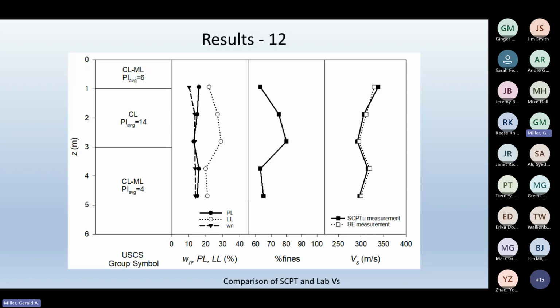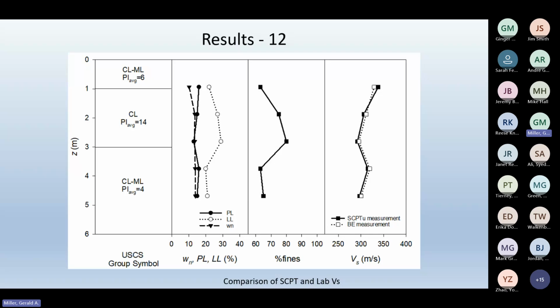But these soils are the same soils, right? Except one comes from the middle of the layer, and then in the field, we're looking at a 3-foot layer. So we're assuming that that lab sample was representative of that field layer, which I think in our case was true because we got such good agreement. The other thing that's important, there are a few published papers that compare field and lab measurements similar to what we did.